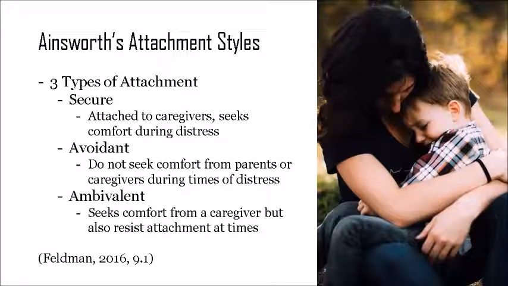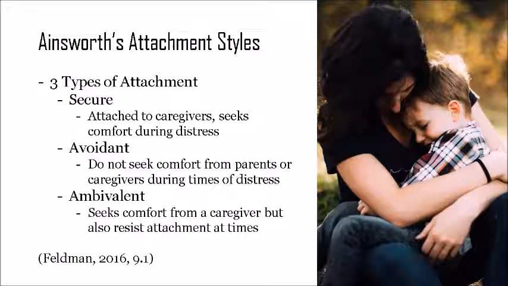The study was really done by creating a strange situation, and what this means is that there was a room, and the mother and the baby would be in that room, and what was observed was how the baby interacted when the mother was in the room with the stranger, with the mother alone, and with the stranger alone. And so the results vary depending on the attachment level that the baby had with the mother. And this is where we see the three different types of attachment.